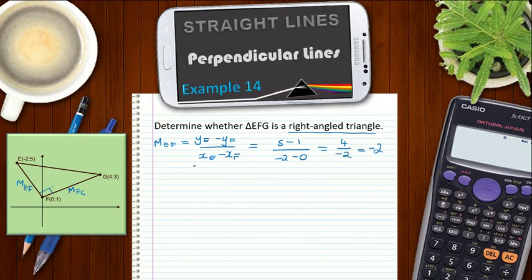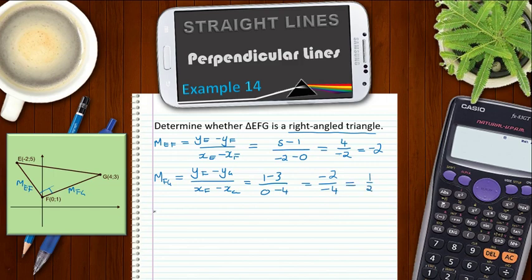Now, next one, gradient of FG, and that is change of y, yF minus yG over xF minus xG. Now let's substitute in these values. 1 minus 3 over 0 minus 4. And that gives me -2 over -4, which is equal to a half.